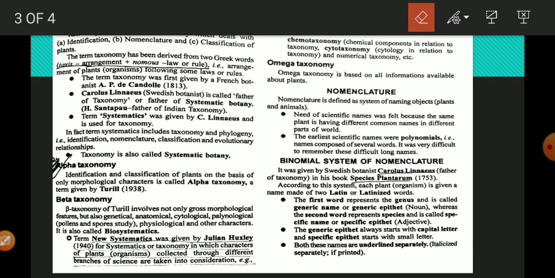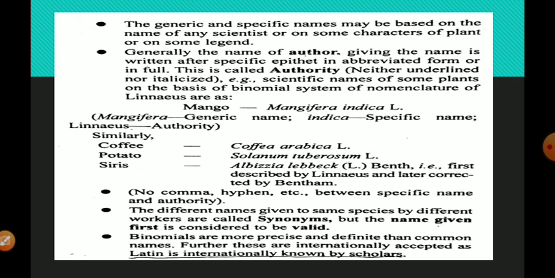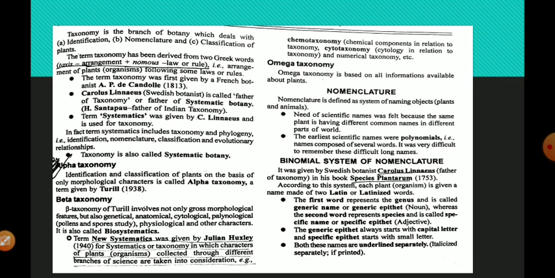Carolus Linnaeus, a Swedish botanist, is known as the father of taxonomy and the father of systematic botany. H. Santapau is known as the father of Indian taxonomy. The term systematics was given by Carolus Linnaeus and is mainly used for taxonomy.